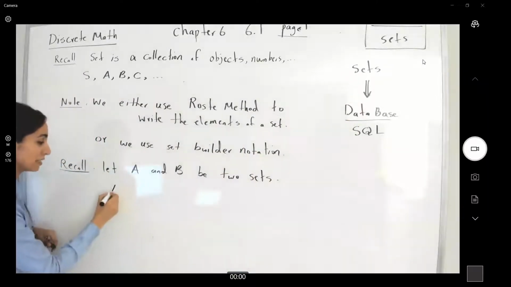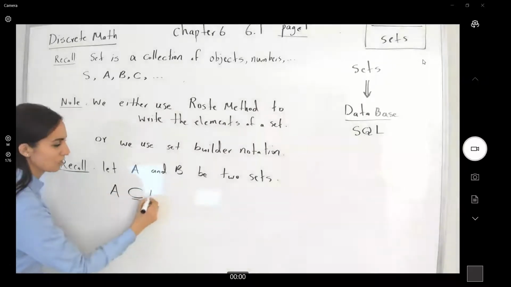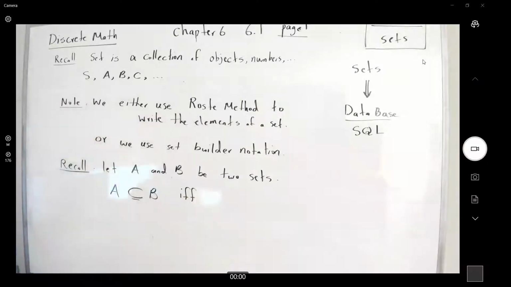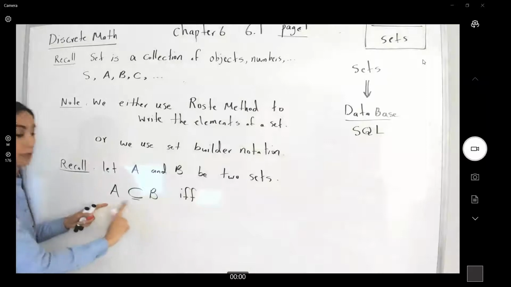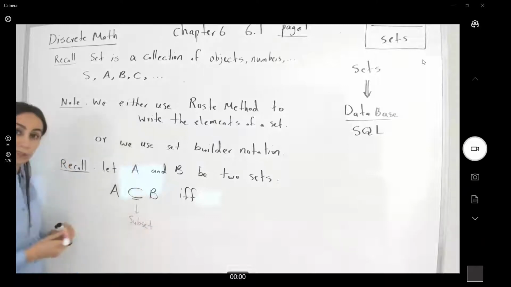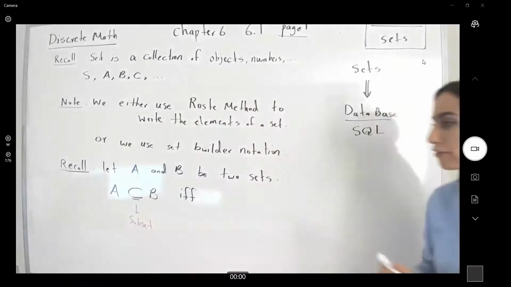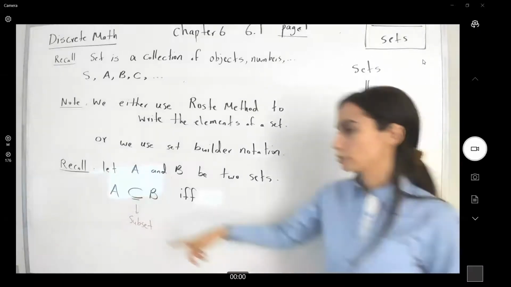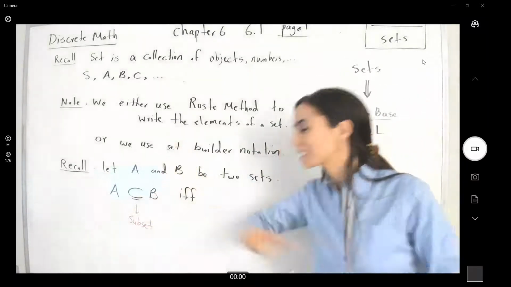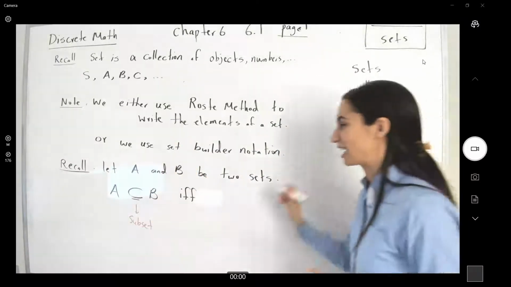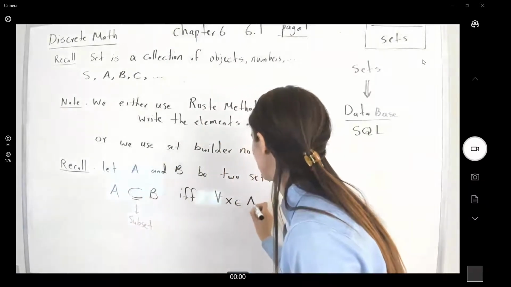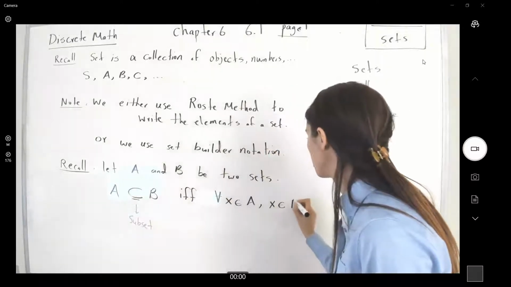We say that A is a subset of B if and only if, so we read it this way, A is a subset of B. This is the subset notation. If and only if for any element that you take from the set on the left, that random element lands in the second set on the right-hand side. For any x in A, x belongs to B.